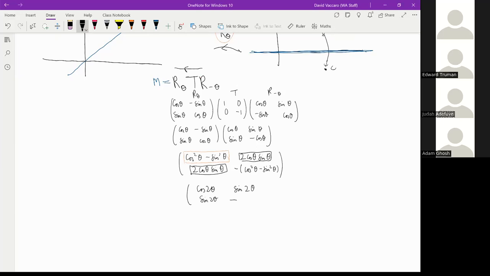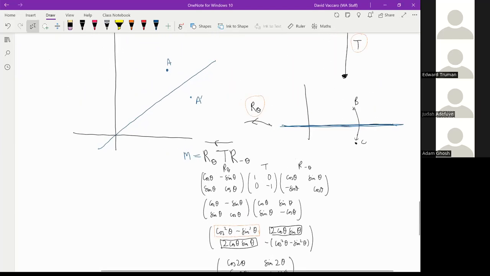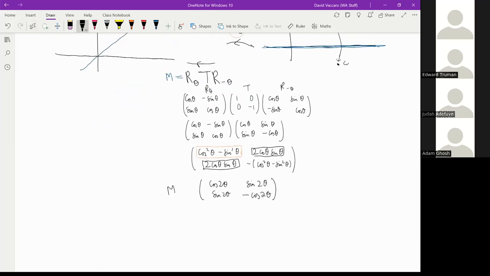And then in the bottom, we've got negative cos 2 theta. So this matrix M is reflection in the line, reflection in the line theta.